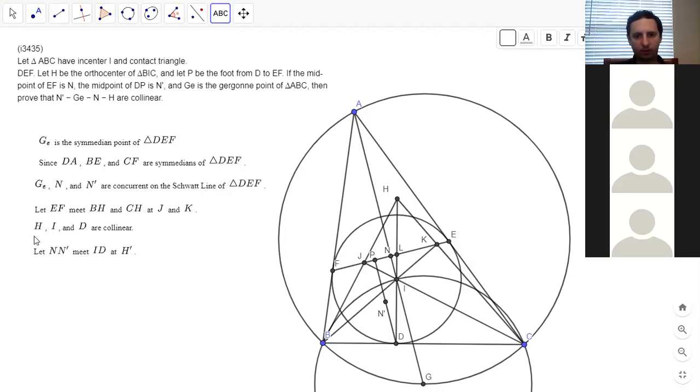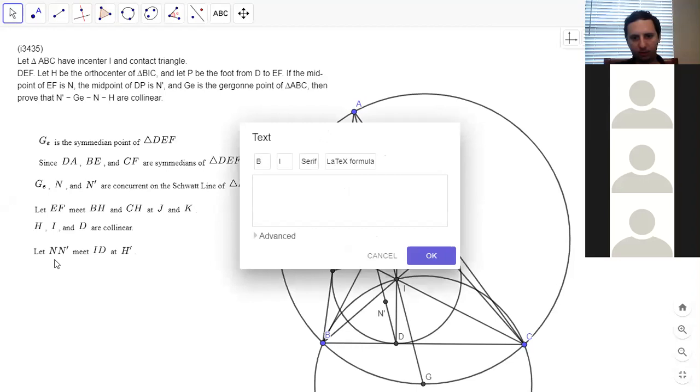Okay, so obviously we have (P, D; N prime, the point at infinity), harmonic conjugation. So I'll say N prime is the midpoint of PD.